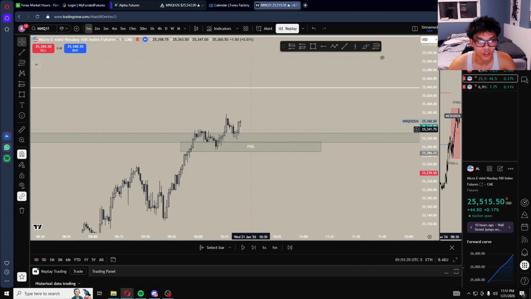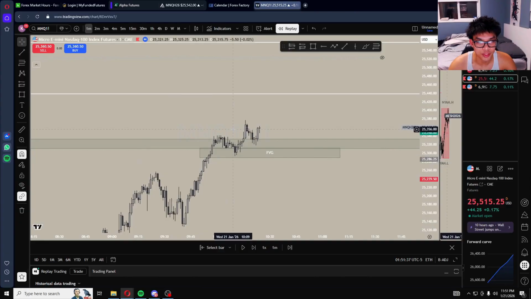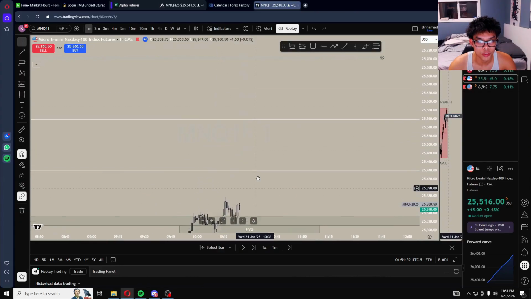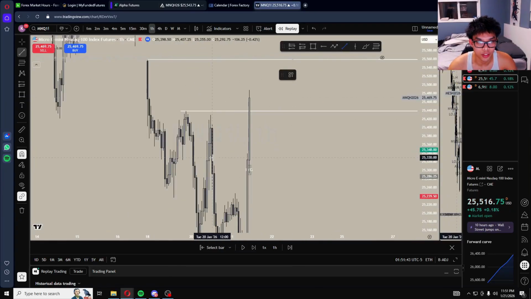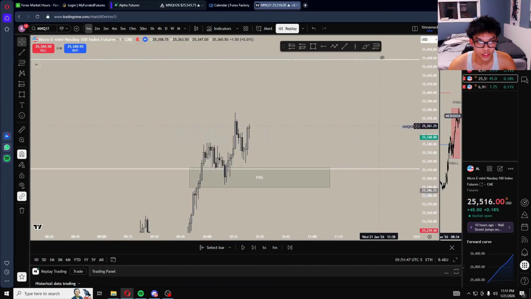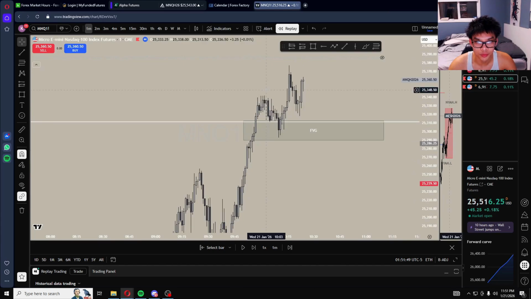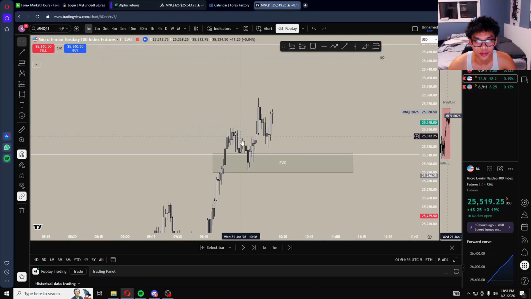Yeah, so we see that we inversed it and we clearly have more targets up high, right? So let me just draw the line instead of the gap, a rectangle. Here I see we displaced, we passed through that target, and it looks like we want to go higher, right?